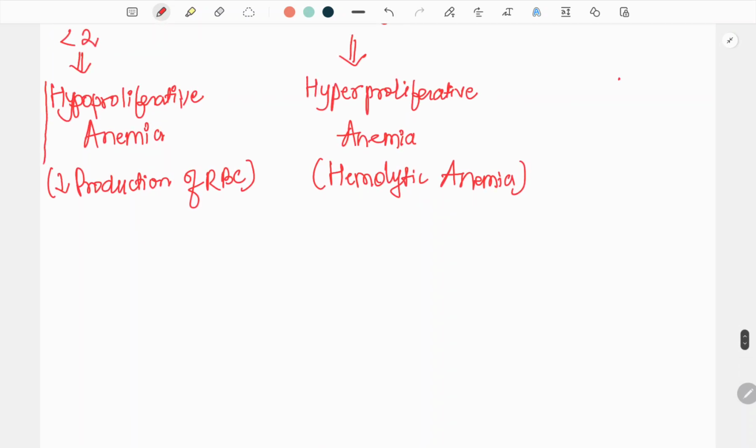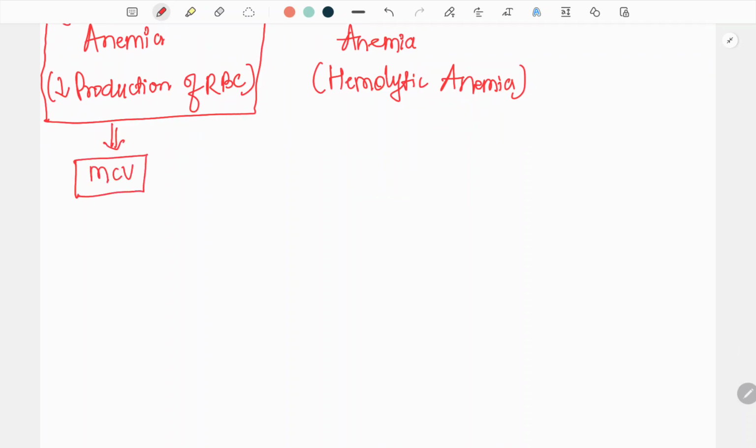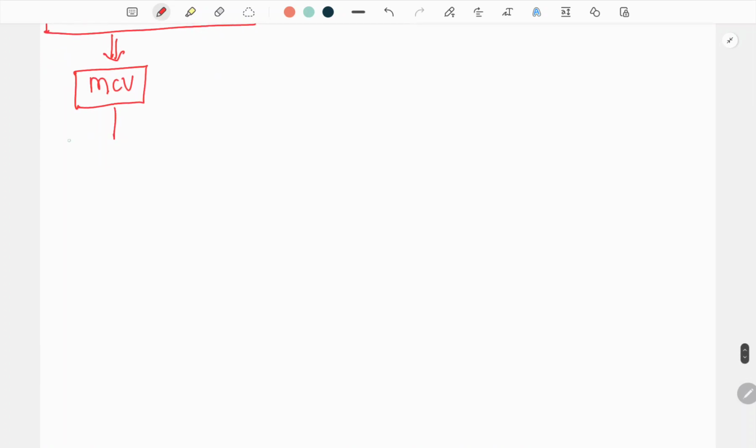Now, if it is a case of hypoproliferative anemia, then we'll look for mean corpuscular volume, MCV. The normal range for MCV is between 80 to 100. If it is between 80 to 100, it is normal.